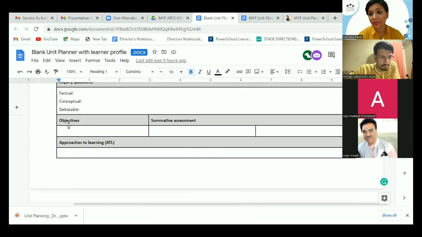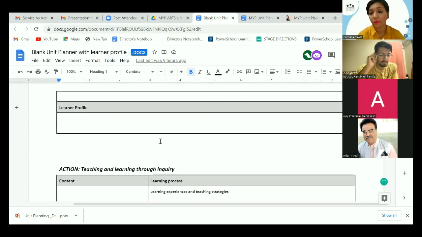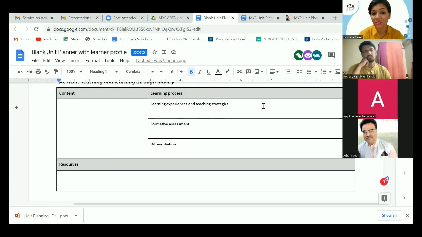What are the objectives, criteria, your summative assessment, and then your approaches to learning skill. One activity, not much. Learner profile attribute, any specific activity that you're focusing on for development of any of the learner profile attributes. Action, then again, learning experience and teaching strategies, formative assessment. One example of formative assessment is enough. Content, for example, if this unit that you are planning is on Roman theater, what content of Roman theater you'll be working at.